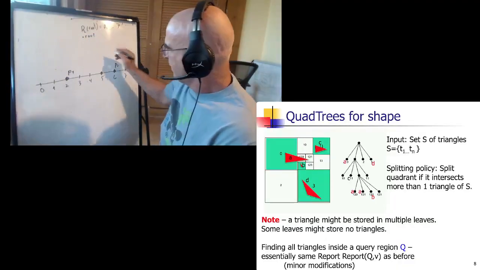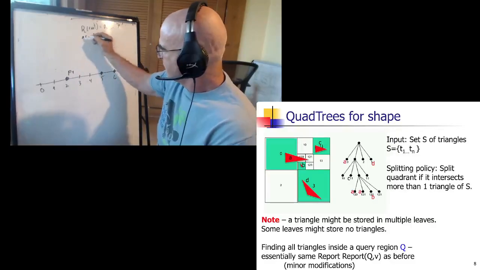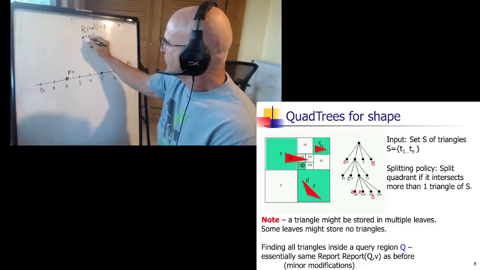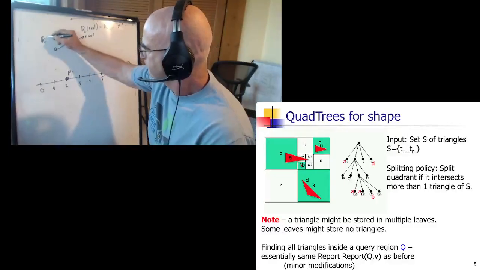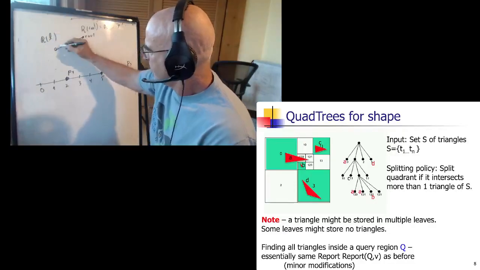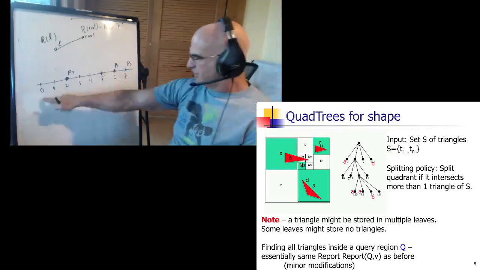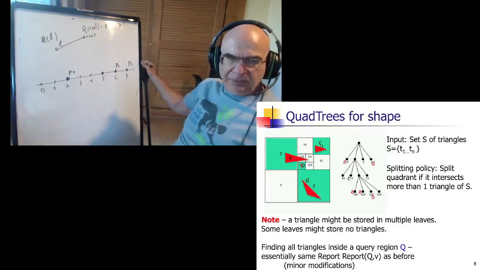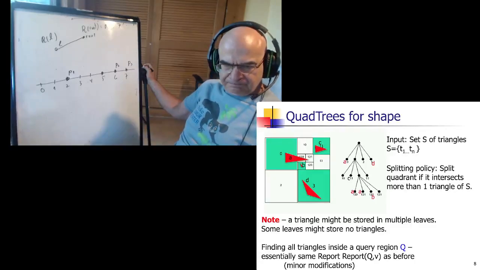To the root there are 2 subtrees, because we are in 1D, so it's only 2, not 4. So what is the range of the left subtree? R of L, help. If the root has a range of the numbers between 0 and 7, what would be the range of the left subtree? Remember, the range has nothing to do with the data. If I split, I always split there. So, help.